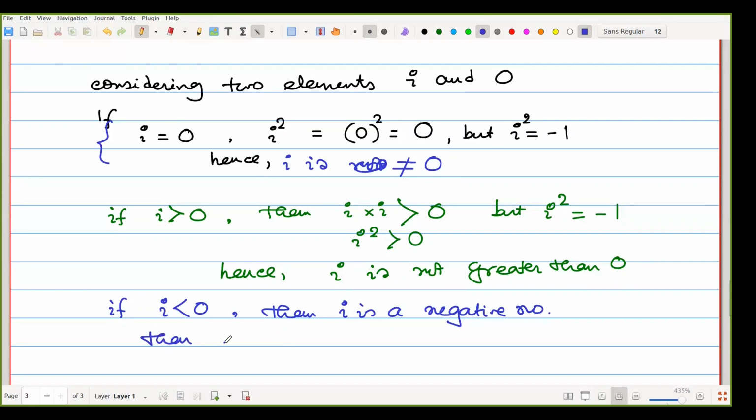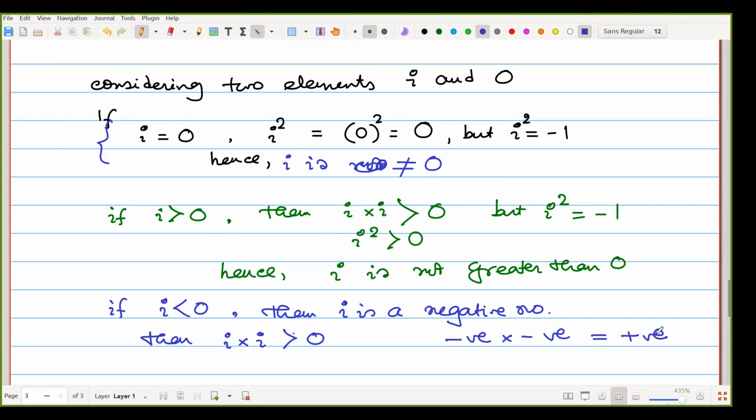Then i into i, as i is less than 0, is always greater than 0, because any negative number multiplied by the same negative number is always positive.